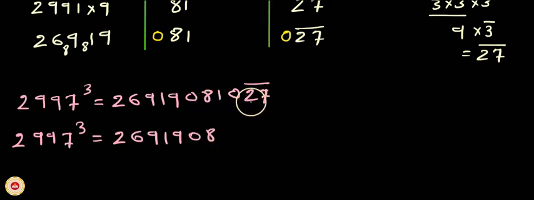Now this 2 and 7 are negative digits. 0 is previous to the negative digit. So let us consider this 1 with this 0, that is 10. Lessen this 10 by 1, it is 9. Correct? 10 minus 1 is 9.